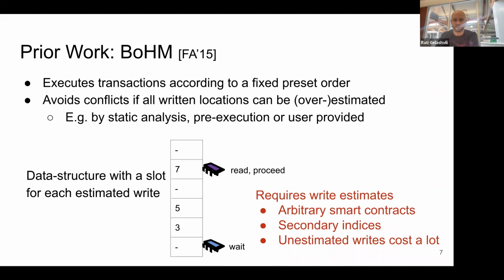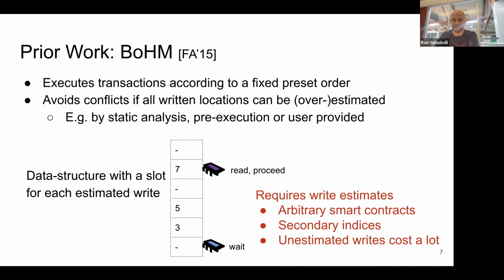And another drawback of BOM is that it's okay to overestimate. Of course, if you overestimate too much, it introduces some inefficiency, but it's not bad. I would say it's almost linear, or it's really not that bad to overestimate. But unestimated writes are terrible.